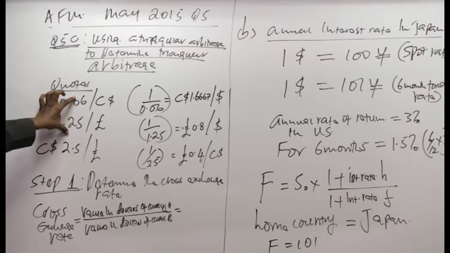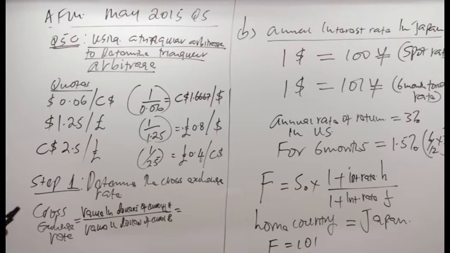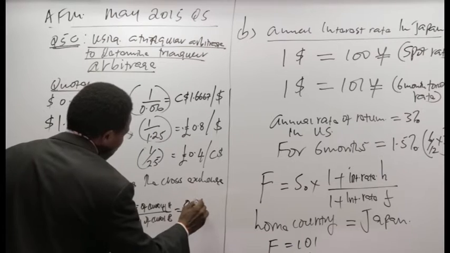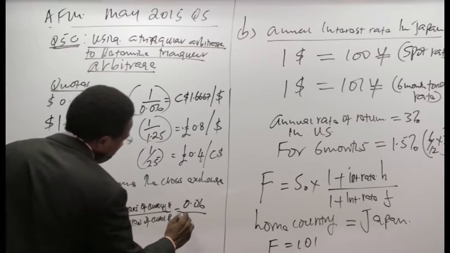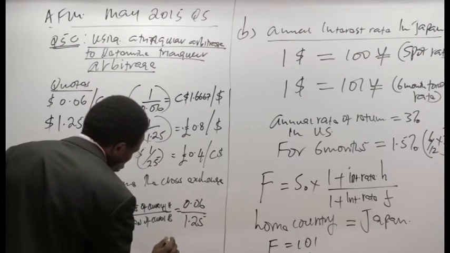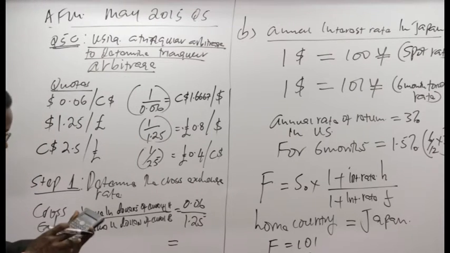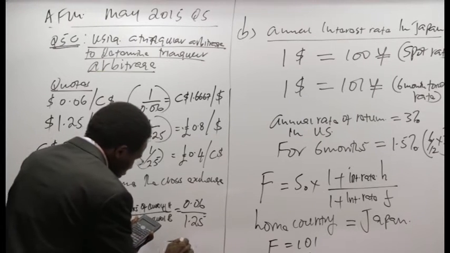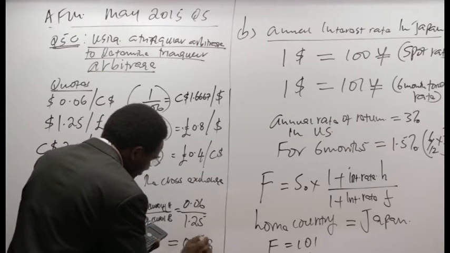But these first two are actually expressed in dollars. So we can say this is 0.06 over 1.25. If I take 0.06 divided by 1.25, I'm getting 0.048.